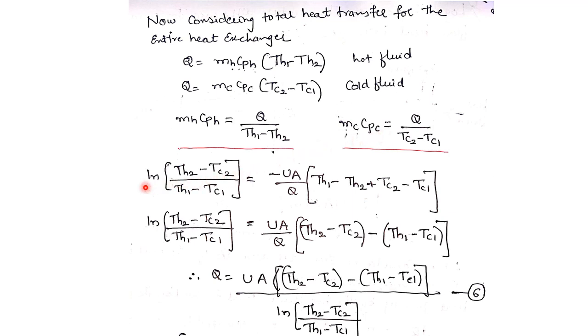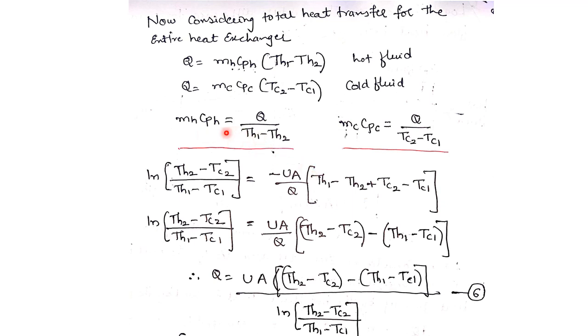This term as it is: log of TH2 minus TC2 divided by TH1 minus TC1, minus UA. I will write as it is, and if I substitute the values of mH into CPH, in equation 5 it is 1 divided by mH into CPH.